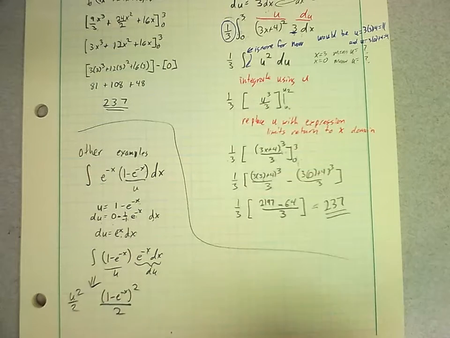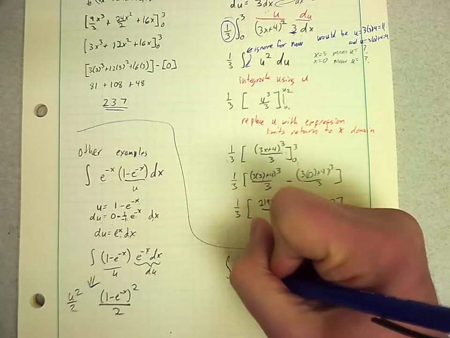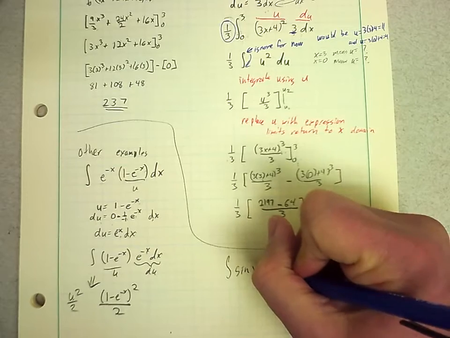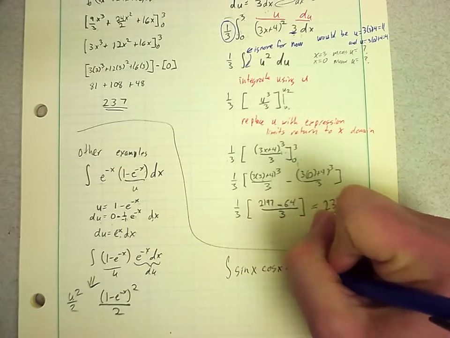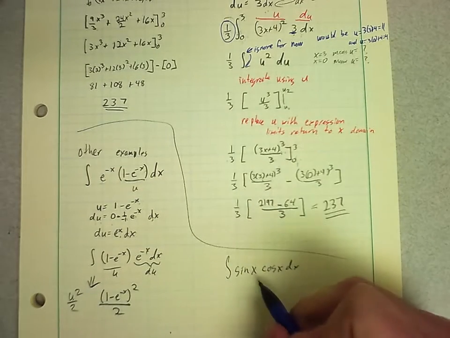When you start recognizing sine and cosine being derivatives of each other, with sign differences, a lot of times you'll see that if you have to integrate sine x times cosine x, well, if this is u, then that's du.